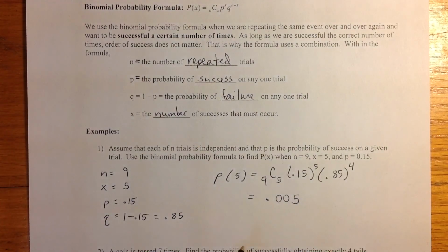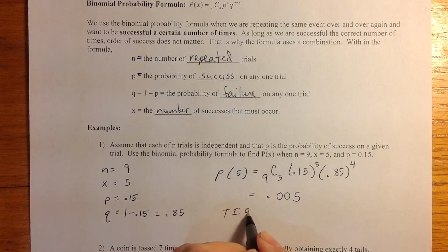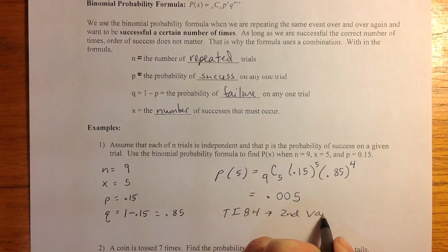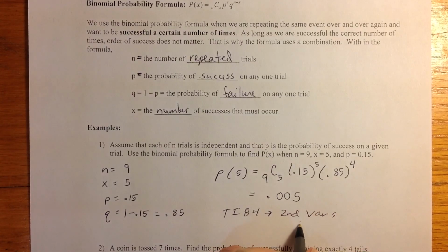So again, with the TI-84, that was found at second vars, and then you scroll down to BINOMPDF. And then you type in what it wants.